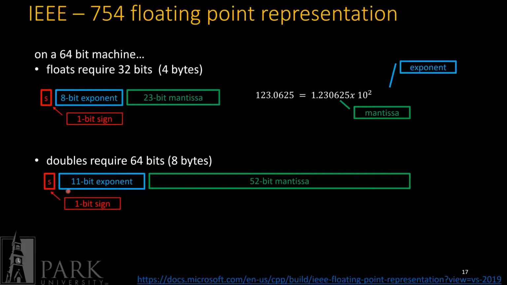We have 1 bit for the sign, 11 bits for the exponent, and 52 bits for the mantissa, or the significand, as it's also known. So for this example, we're just going to stick to the regular single precision float just for simplicity's sake. And if you want more information, there's tons of resources out there. Since we're working with Visual Studio, Microsoft actually has a nice write-up on how to do this, but there's plenty of other resources out there as well.